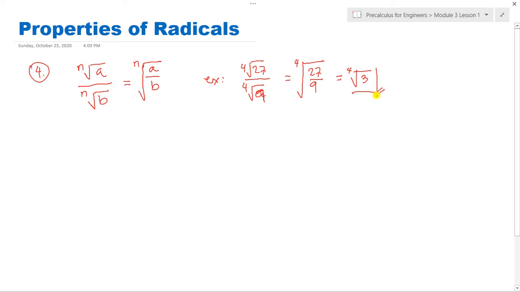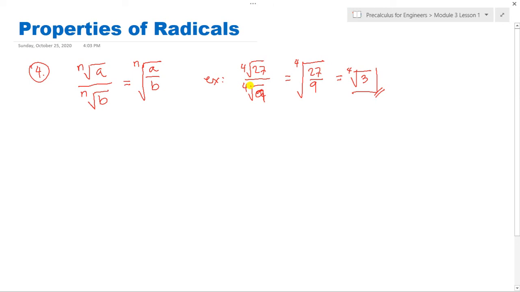So therefore, you can only combine two radical expressions in division kapag same yung index nila. Kapag hindi kapareho yung index nila, therefore you cannot combine both radical expressions.